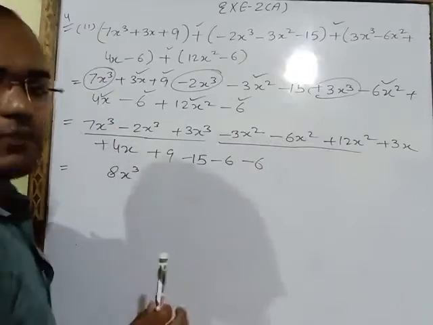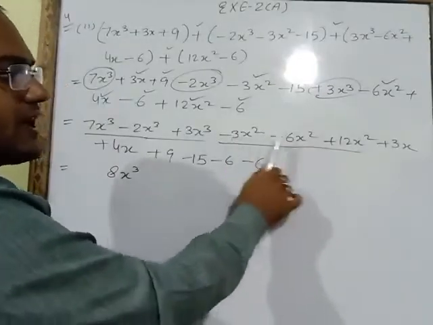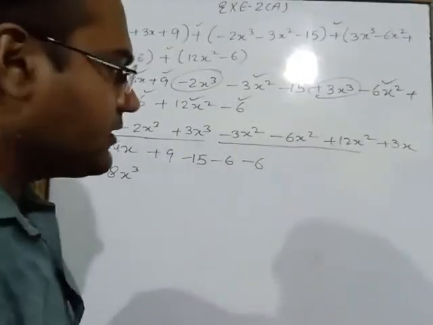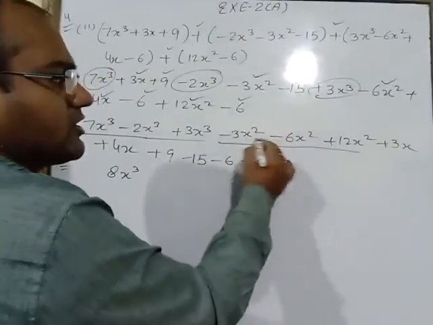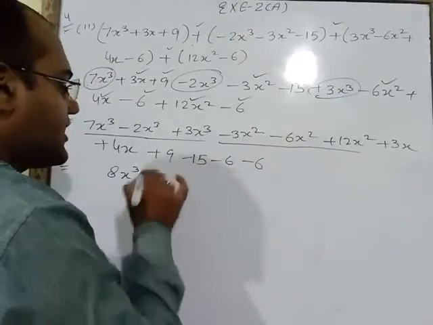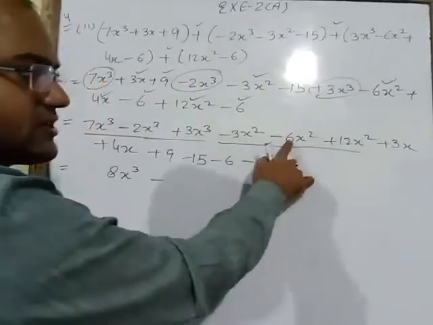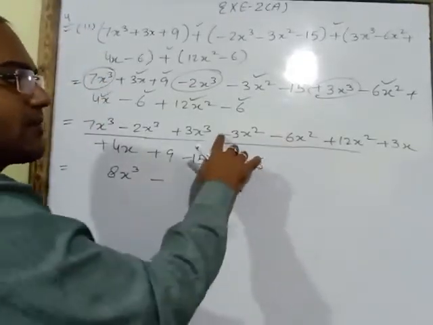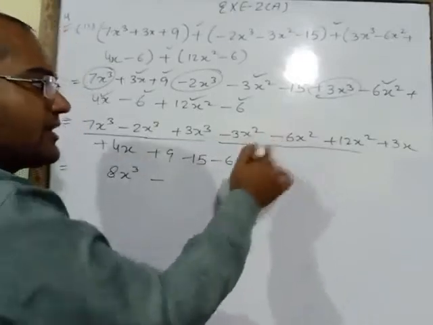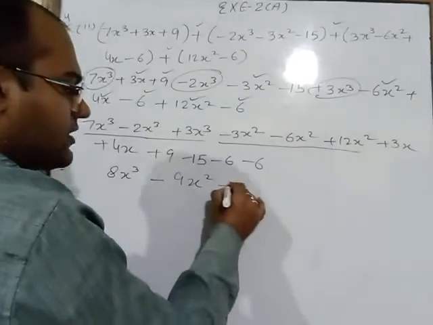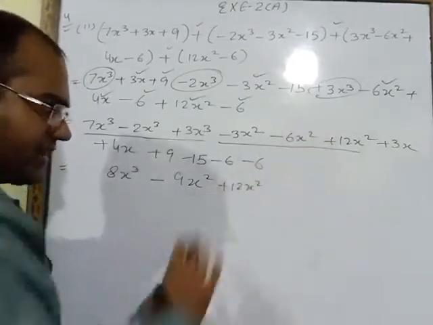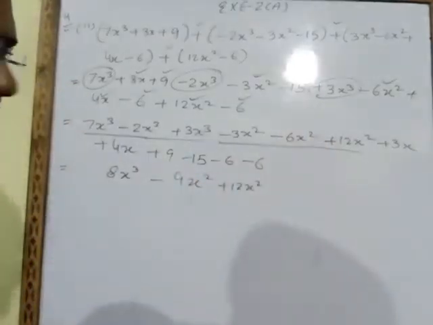Minus and minus is plus, so we will add these two. 3 and 6 will become 9, but we have to take the sign of the greater number. Out of these two, 6 is greater, sign of 6 is minus, but minus and minus is plus, so we will add these two. On adding these two, 9x square, and next number is plus 12x square. We will write it as it is. Afterward we will solve it.